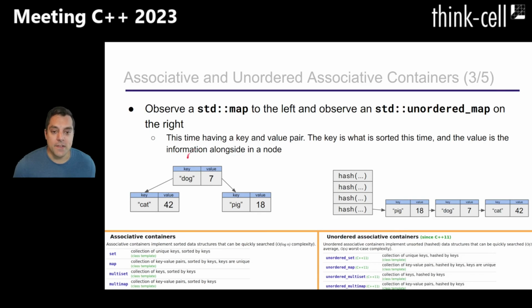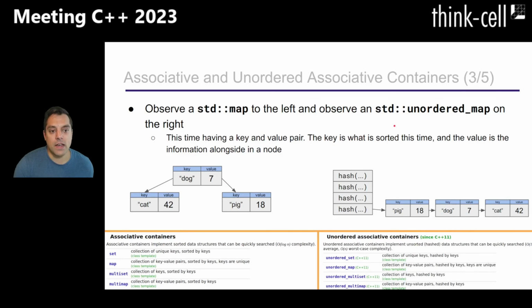But that's the idea here, that now we have a node or some sort of struct that has the key, which, in the case of our associative containers, we sort by. So again, same sort of binary tree: dog, and then alphabetically cat would come before and pig would come after. So whether you're moving left or right in this tree is how that works. And then as you move through the keys, you can grab the associated value. Okay, so there's some structure here, or perhaps a pair of key and value.